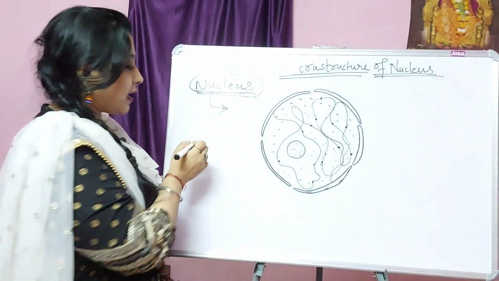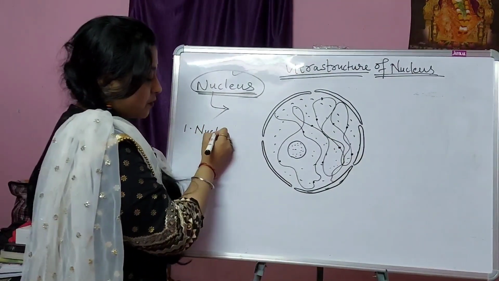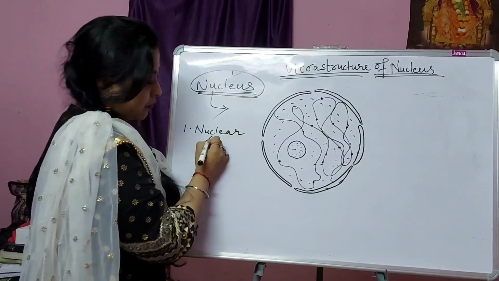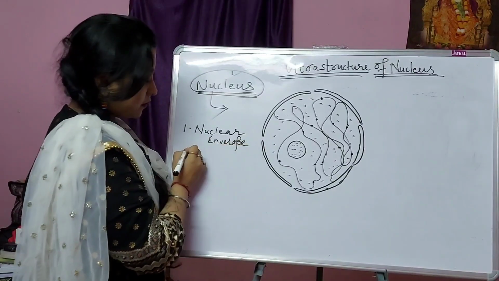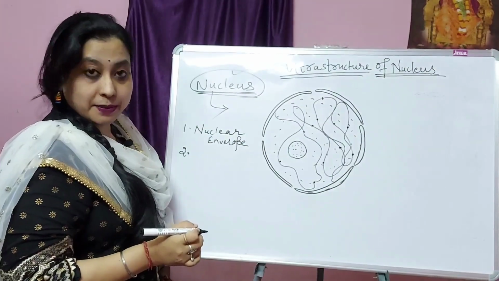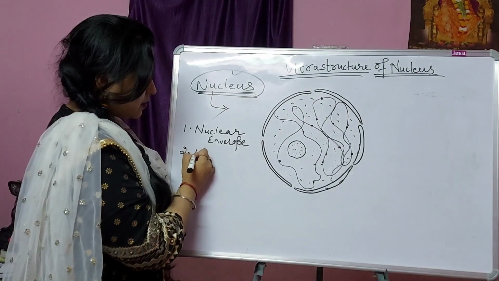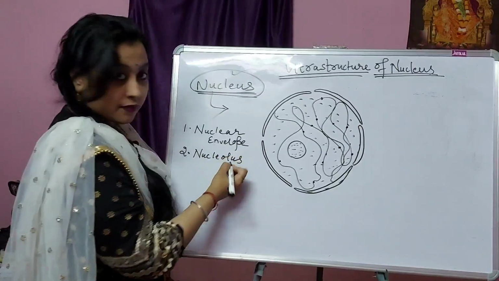What are the major parts of the nucleus? The first part is the nuclear envelope, or you can say nuclear membrane. Next part is the nucleolus.